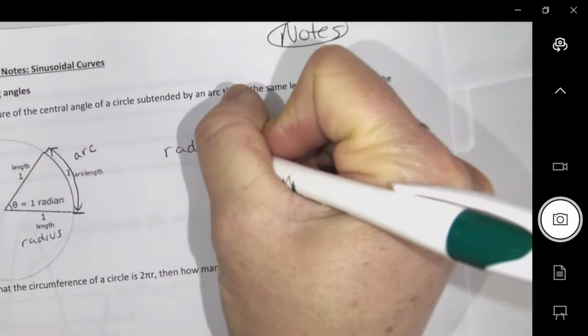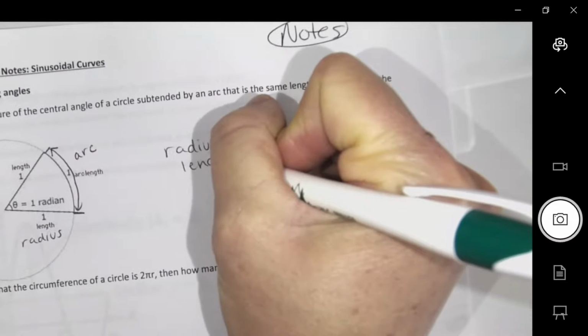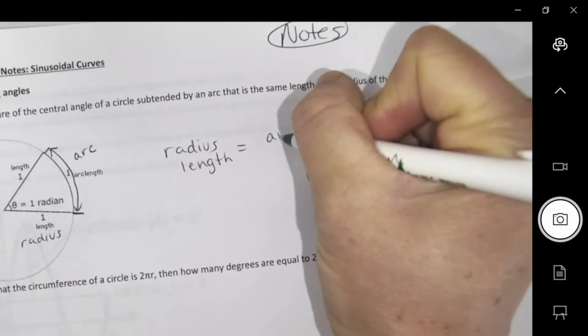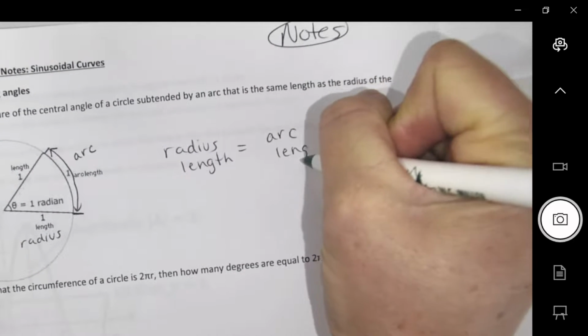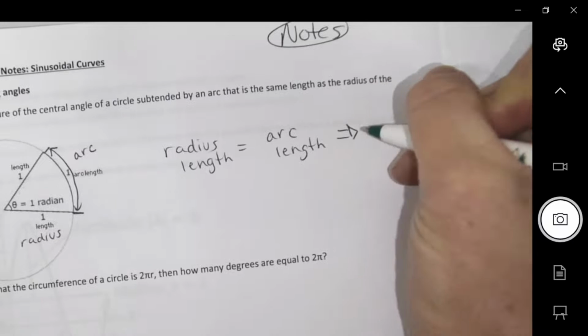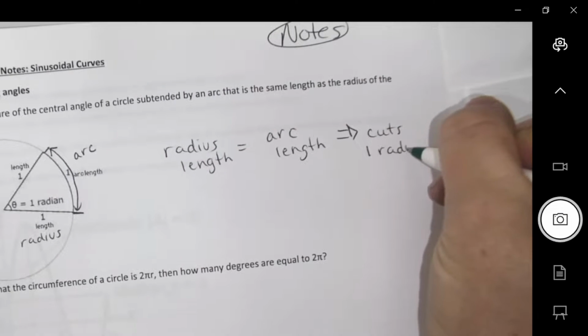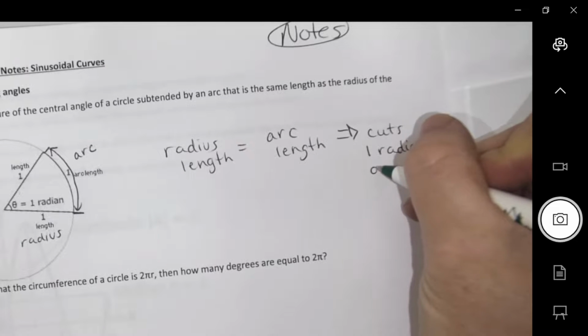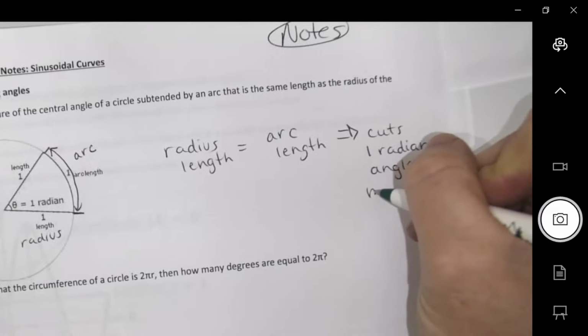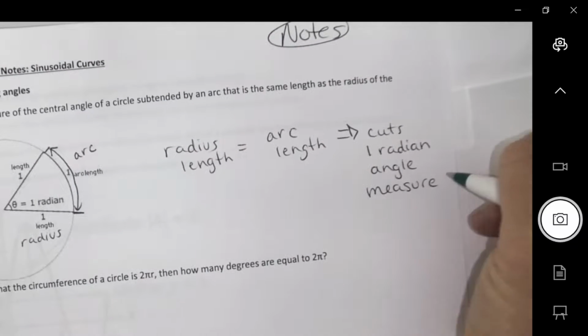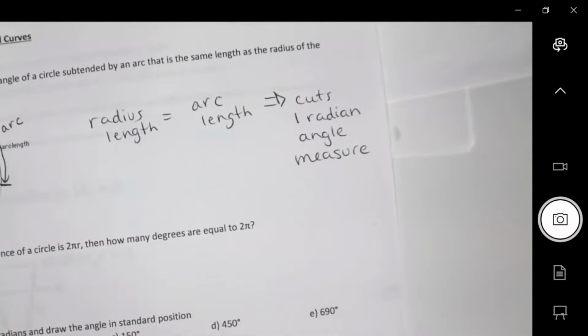So where the radius length equals the arc length, so that's what's going on in the summary. If the radius length and the arc length are the same, okay, now that means we've traveled through 1 radian.